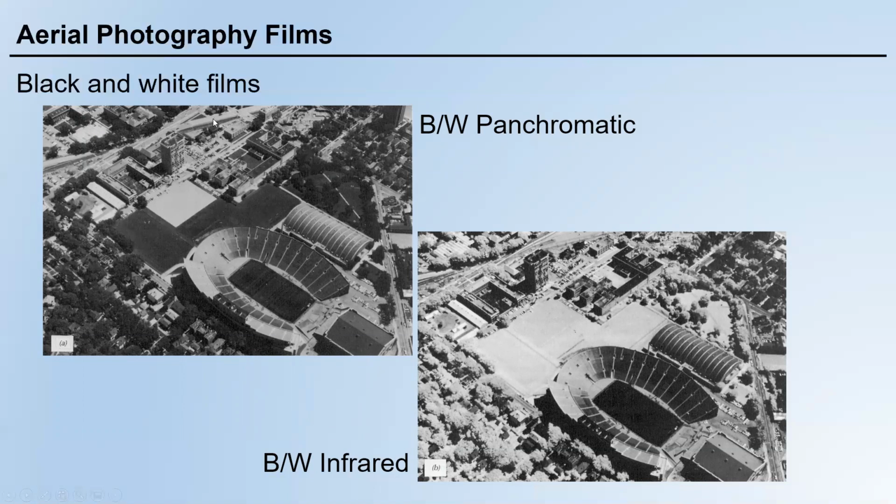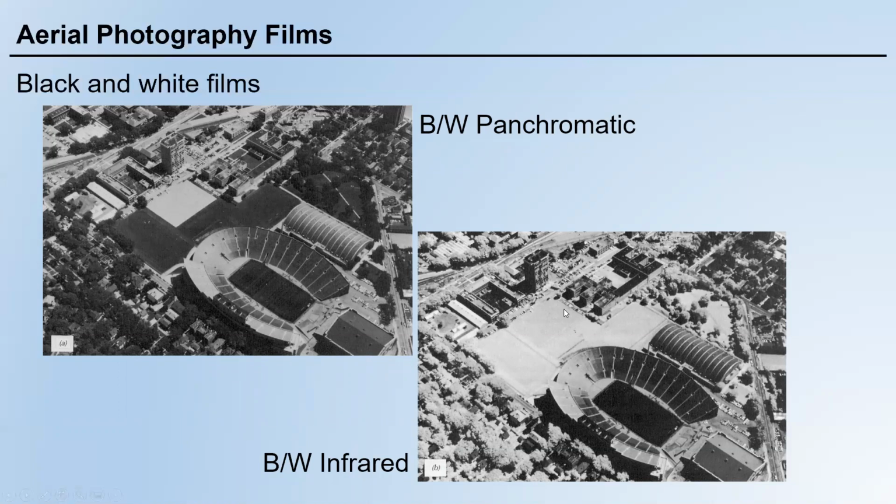The black and white panchromatic image on the left side is just like an old picture you can find in your home in the basement from several decades ago. Black and white grayscale image here. The parking lot is bright because it reflects a lot of sun energy, and there are lawns here. They should be green, but it's black and white, so the tone is actually dark. So you can say they are gray, not purely black.